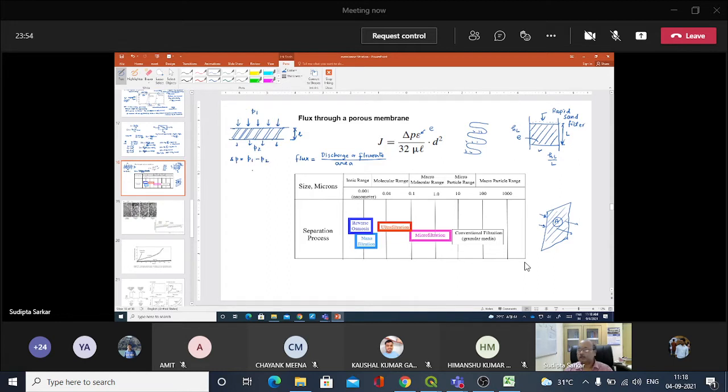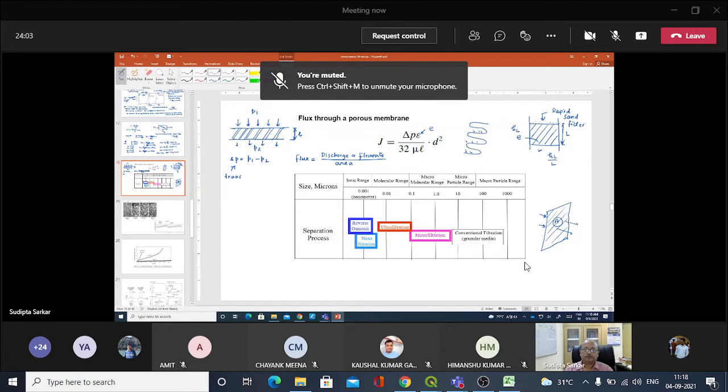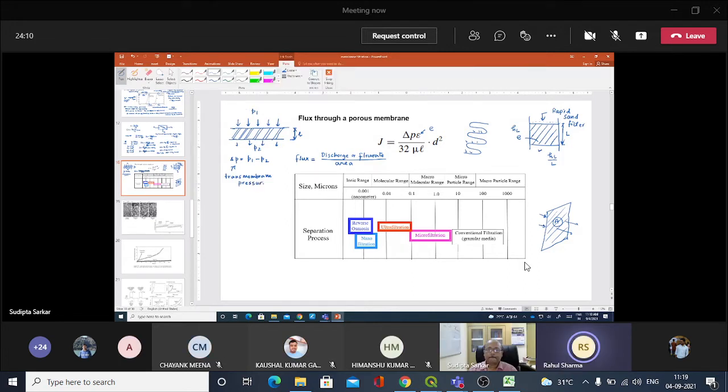We call this the transmembrane pressure. And flux is always written as J.